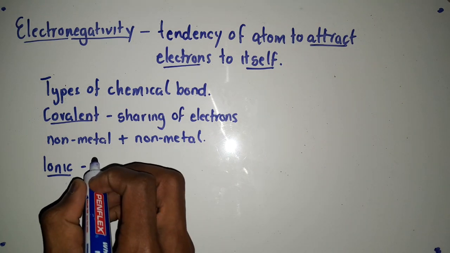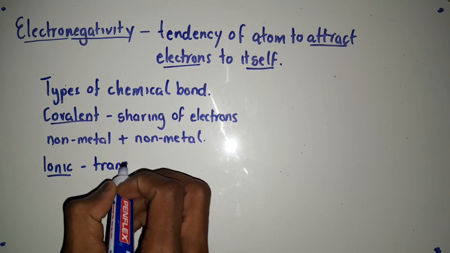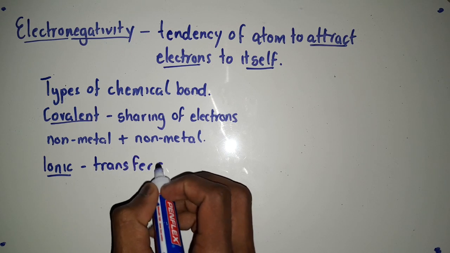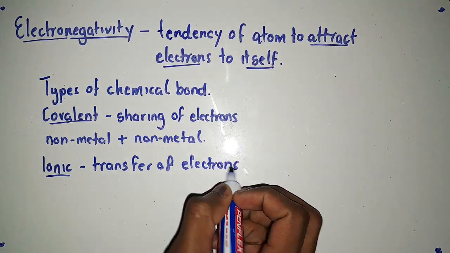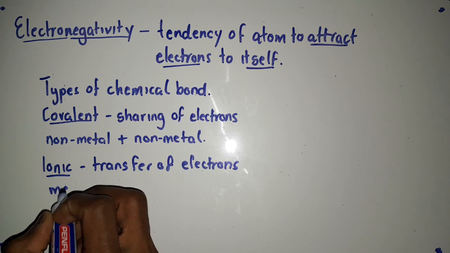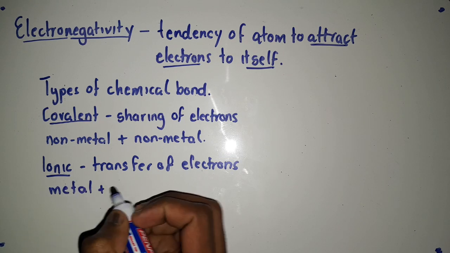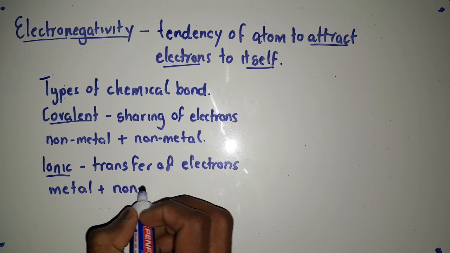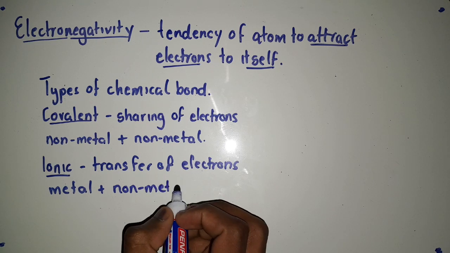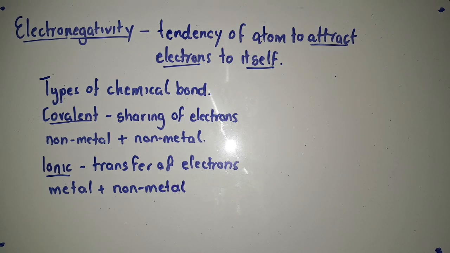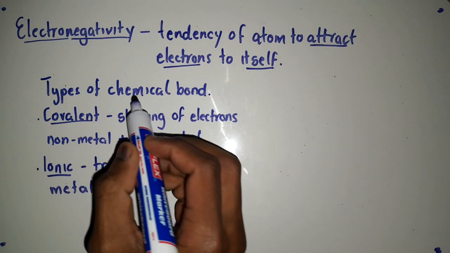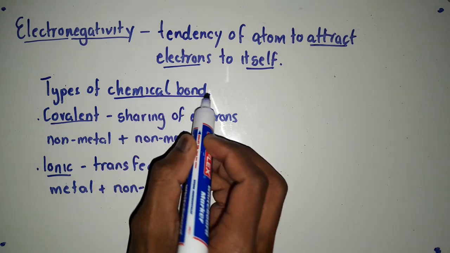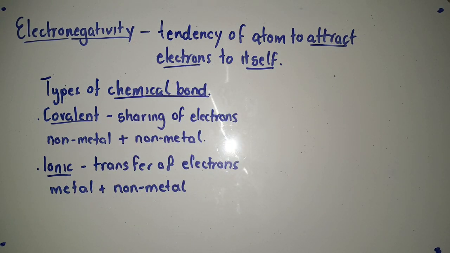This one has to do with the transfer of electrons between a metal and a non-metal. These two represent chemical bonding: covalent as well as ionic.